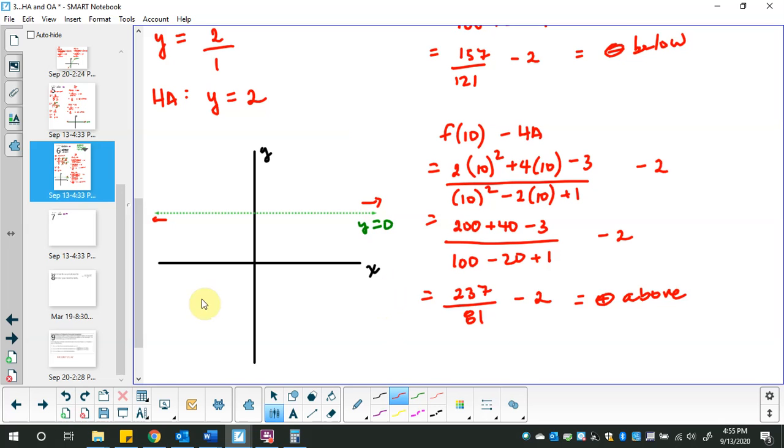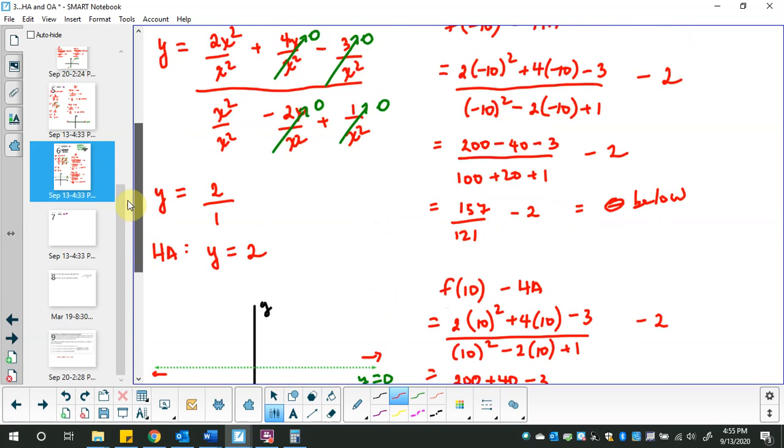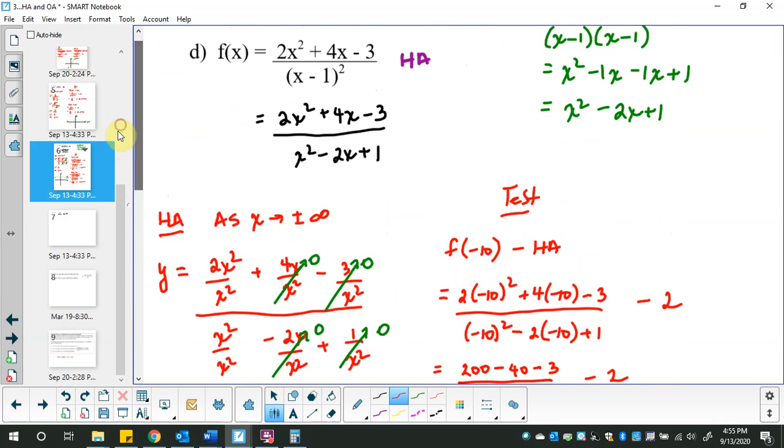Now with this particular question, I want to go back and just do a little review of vertical asymptotes. So what I would like is, I need my snippy tool.